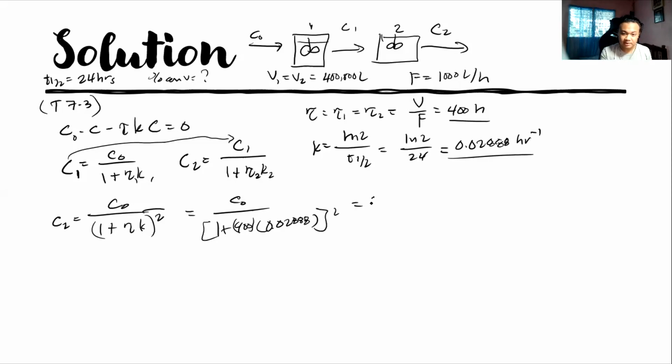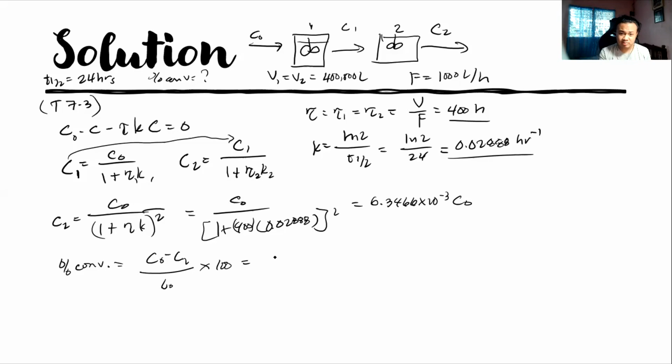You have 6.3466 times 10 to the negative 3 CO. And then to find the percent conversion, it's actually easy from this part. Conversion is C2 over CO times 100. So that's the percent conversion.